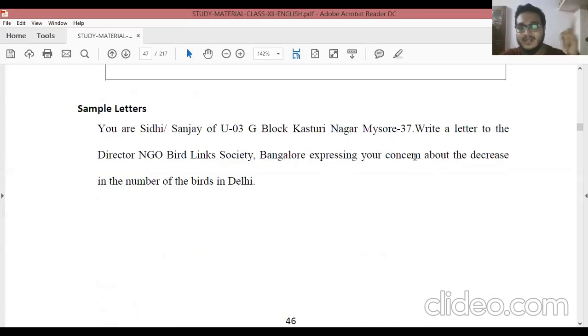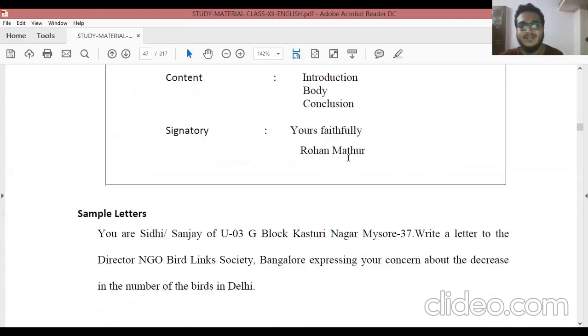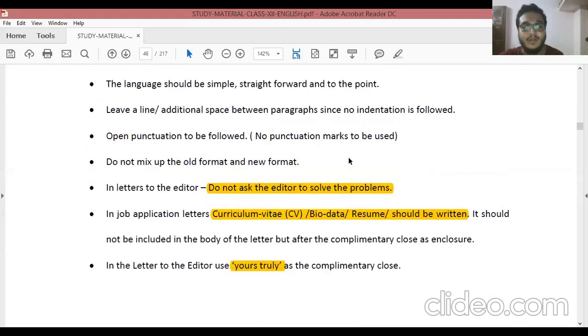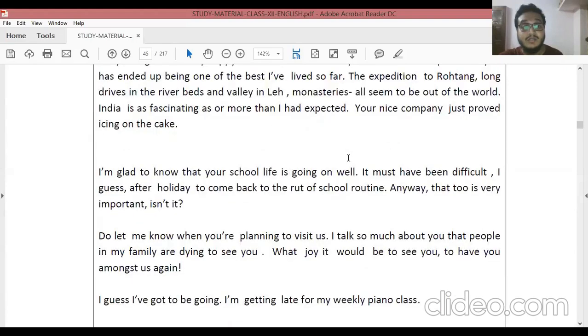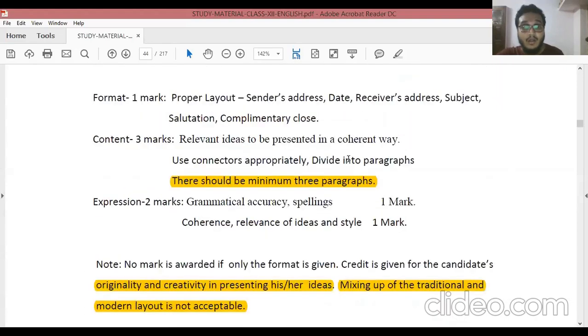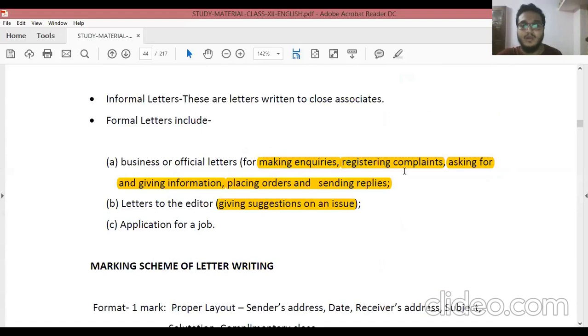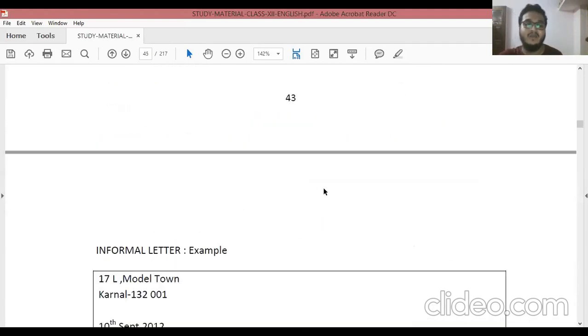What I have shown you, they're concerned about something. Asking for and giving information, registering concern, making inquiries and registering complaints, placing orders and sending replies. So these are official letters. One we have done, next we are going to do it.